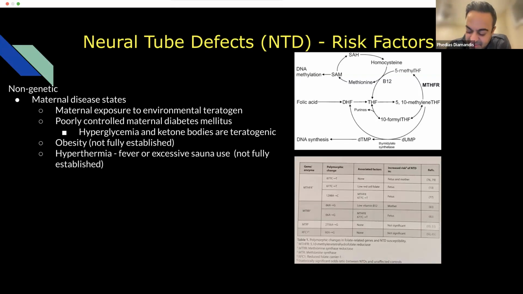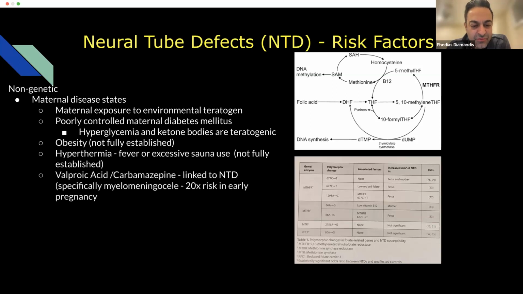Again, something that you may see on an exam, but it's unclear if this is in fact true. The association with valproic acid and other neuropsychiatric drugs does seem to exist, with a 20-fold increased risk of myelomeningocele when taken early on in pregnancy.